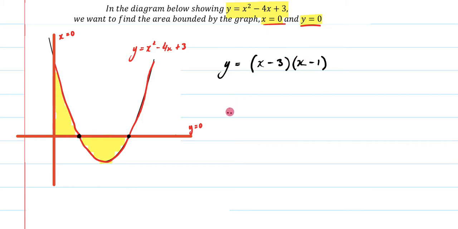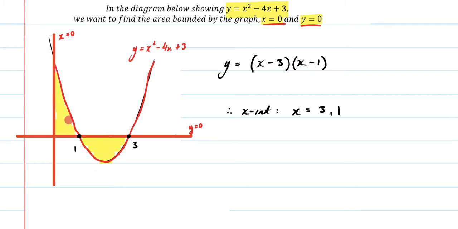Therefore my x-intercepts are 3 and 1. So let me write this as x is equal to 3 and 1. I can come over here and say this will be 3 and this one will be 1. Just like that, we've done it.